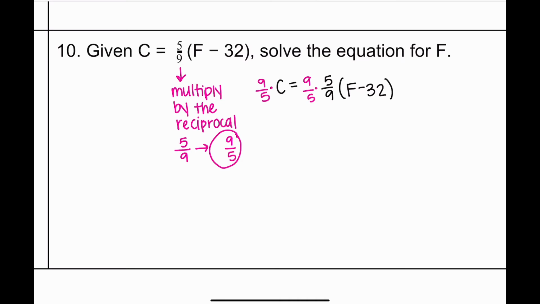The reason we do that is because now this fraction is 9 times 5 divided by 5 times 9. Well, 9 times 5 is 45, and 5 times 9 is 45, and 45 over 45 is just 1. So all of that cancels out.